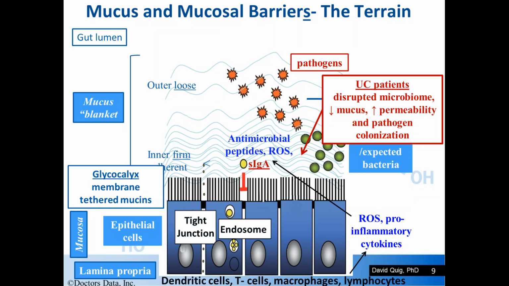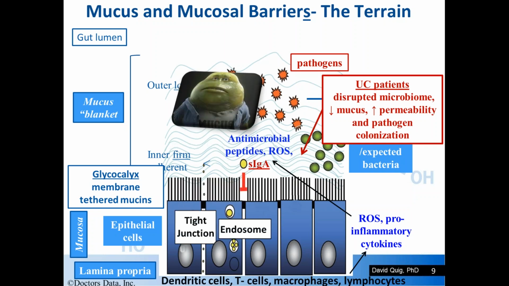So the mucus layer is incredibly important and sorely overlooked, and is truly a component of the gastrointestinal glycobiome. And here's our friend mucus, just to emphasize the role of mucus. Fortunately, in our bodies, the mucus is not green. If you had green mucus in this mucus blanket, you'd be in a heap of trouble.